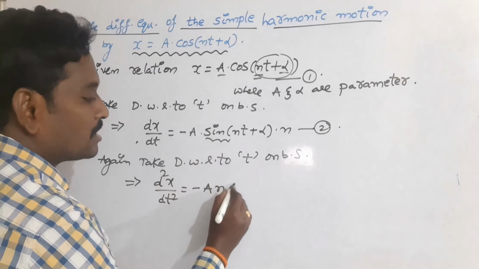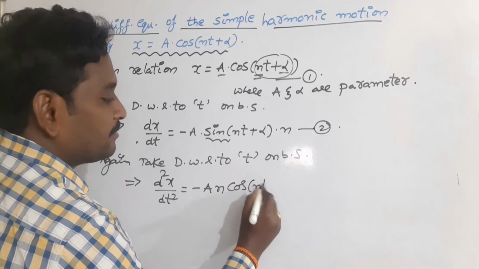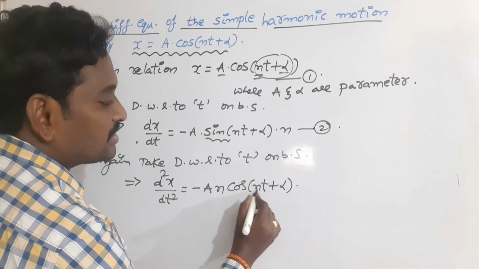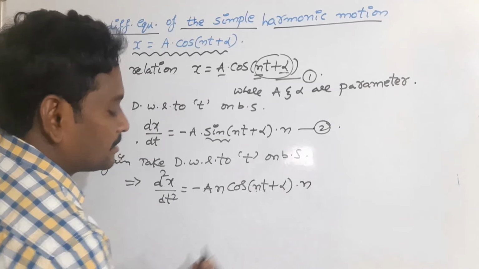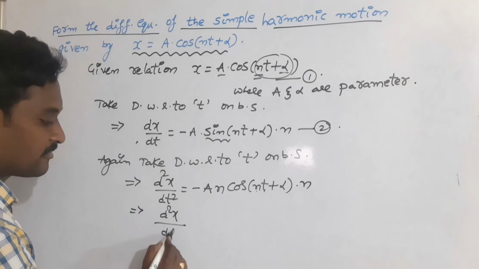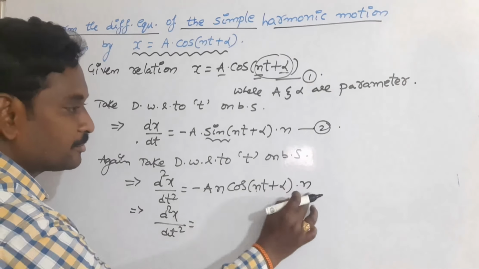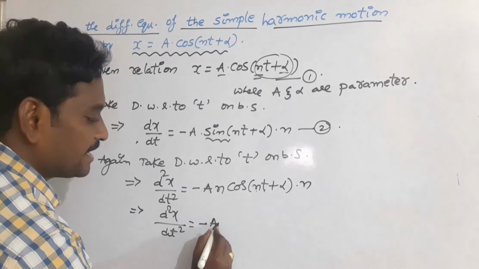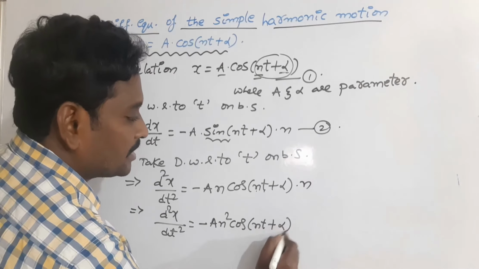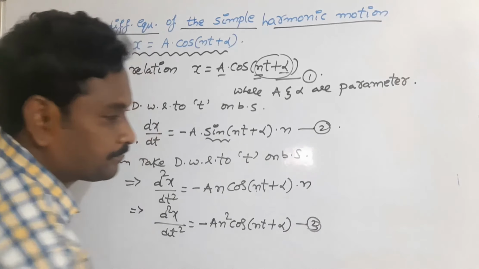Differentiation of sine is cos of nt plus alpha into, we should write the coefficient of t in the product, which is n. So d square x by dt square is equal to minus A n square cos of nt plus alpha. Take it as equation number 3.